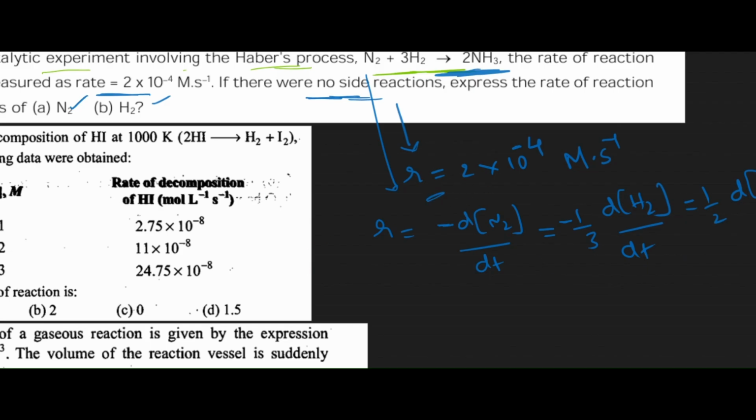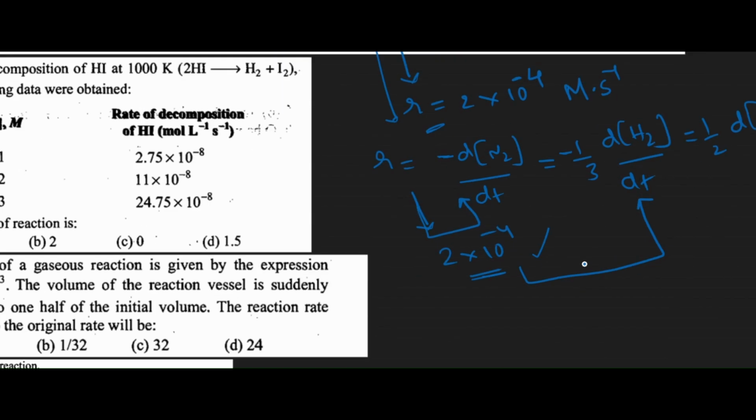Now as per the data, rate is given as 2 into 10 power minus 4. So we have to calculate N2 and hydrogen. Obviously N2 will be equal to 2 into 10 power minus 4, right? And we have to calculate with respect to hydrogen also. So now you can equalize this with the hydrogen. Clear? So now 2 into 10 power minus 4 equal to minus 1 by 3 d of H2 by dt.